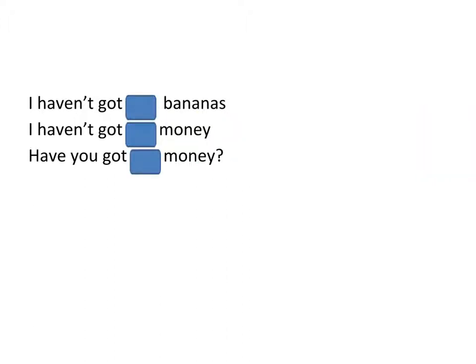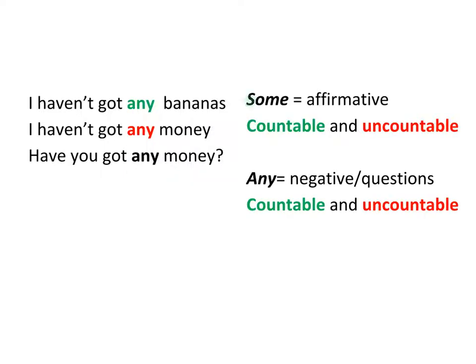Look at these sentences. What do you think the missing word is? I haven't got bananas. I haven't got money. Have you got money? Pause your video and think. We use some in the affirmative, but we use any in negative and questions.